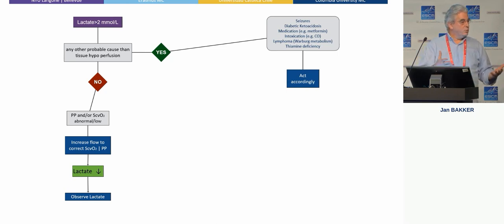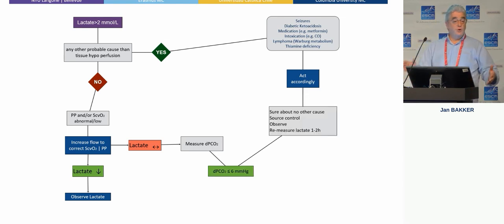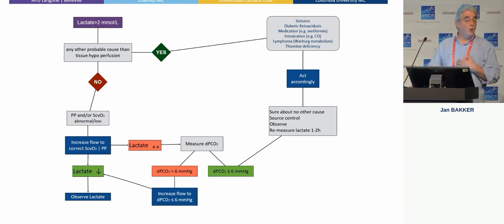If it falls, then wait. So your parameters are again all normal. Wait and see what happens. If you increase the perfusion, so ScvO2 and peripheral perfusion, and nothing happens to lactate, then again measure your delta PCO2. It could be that you didn't do enough. And so measure delta PCO2 again. If delta PCO2 is normal, rethink. If delta PCO2 is abnormal, you have to redo your optimization of blood flow.